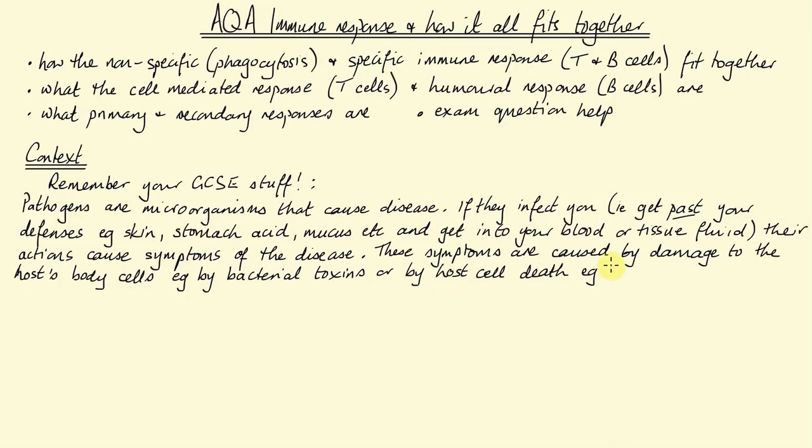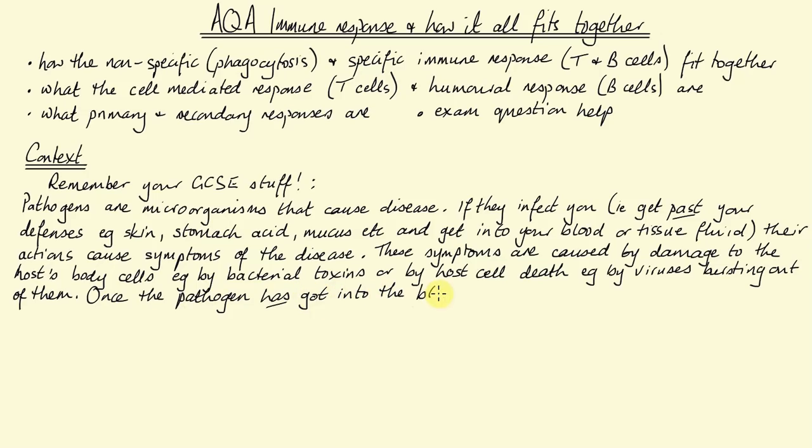And that is often, you were taught at GCSE, as a result of viruses bursting out of cells. Once the pathogen has got into the blood or tissue, i.e. you are infected, then you were taught at GCSE that your white blood cells carry out one of three actions.